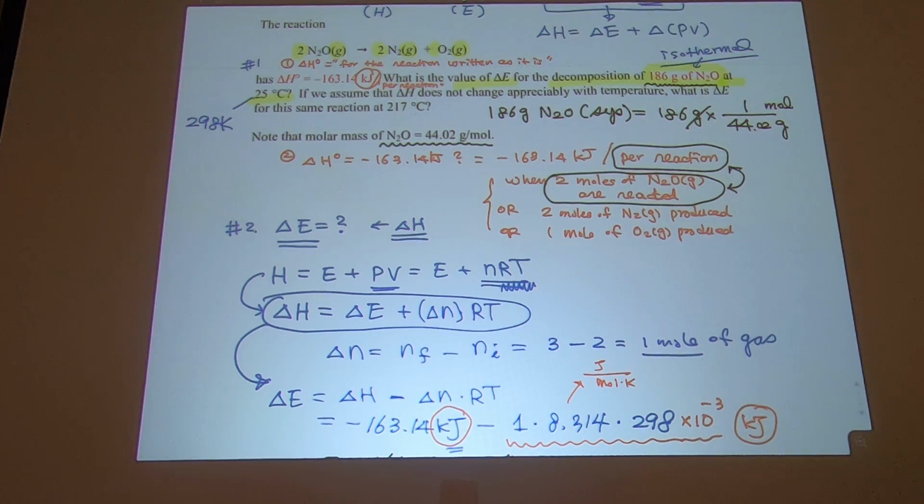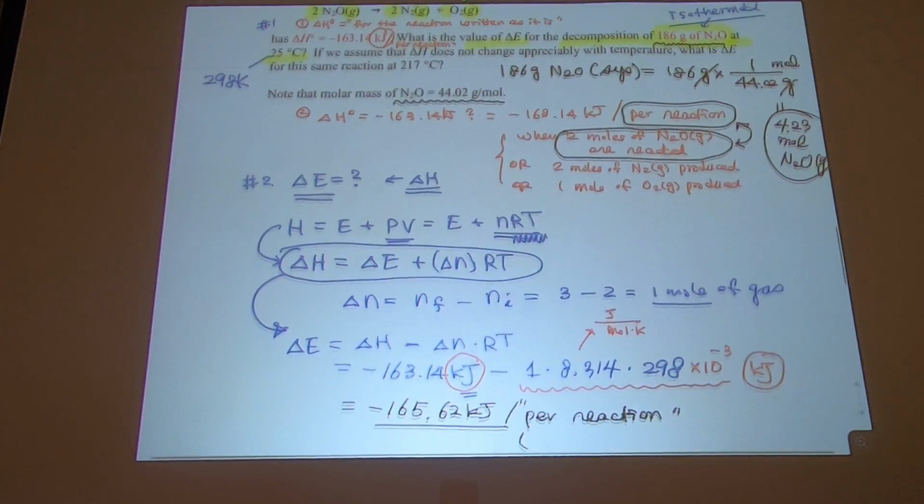You can now convert that into moles of N2O gas. What's the number? That's 4.23 mole N2O gas. That's a more useful term than the gas.